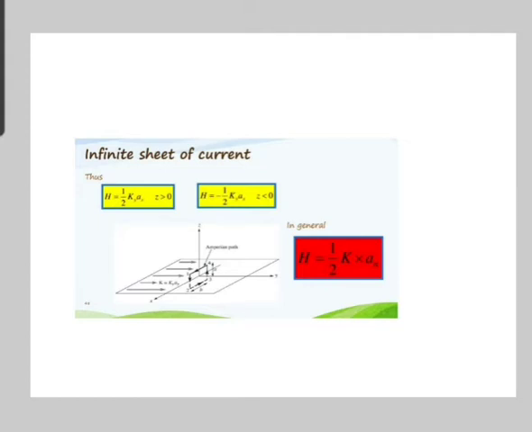For the current carrying conductor, the long straight filament is placed along the z-axis, then the coaxial cable placed along the z-axis, and the sheet current density equation is H bar is 1 by 2 K bar cross a n bar.